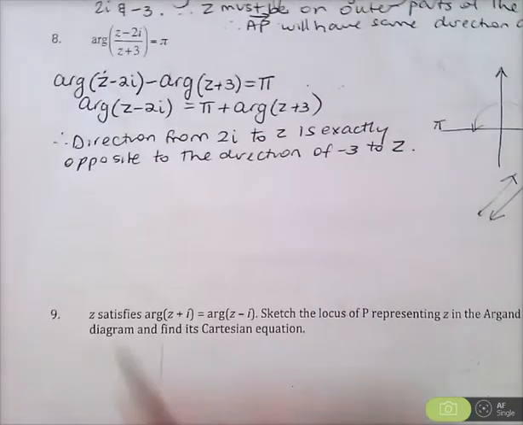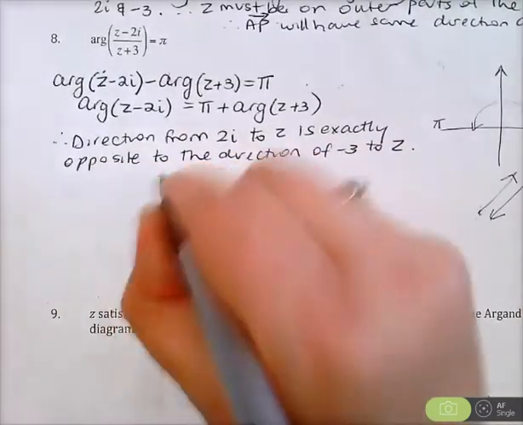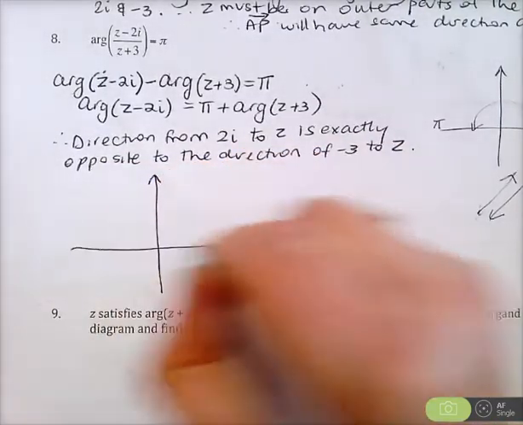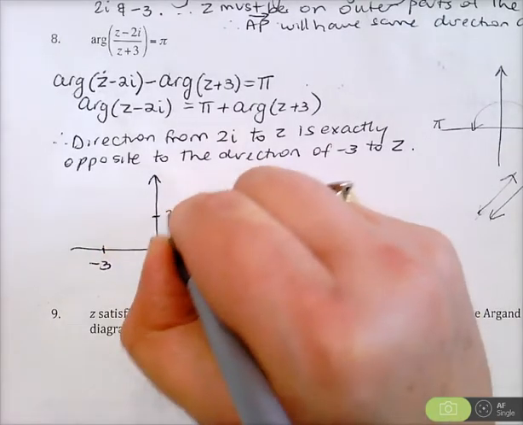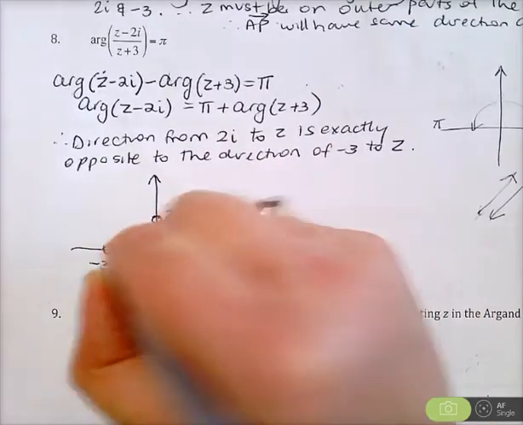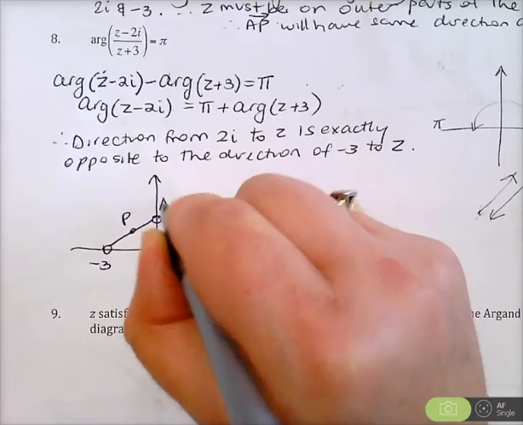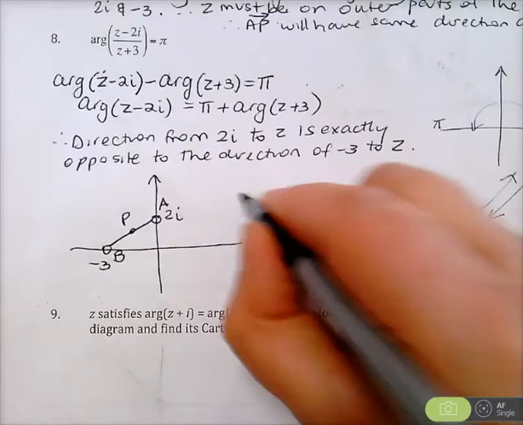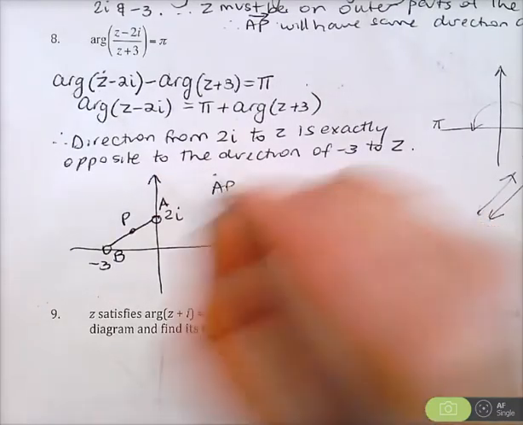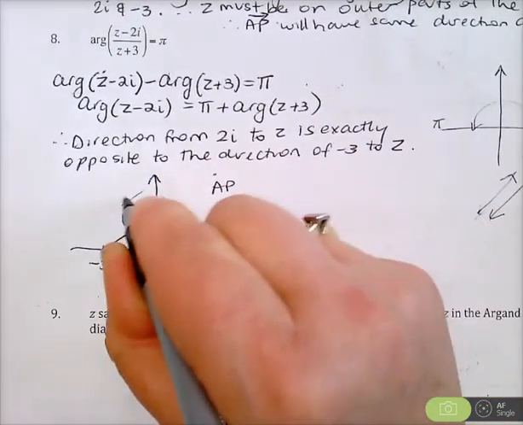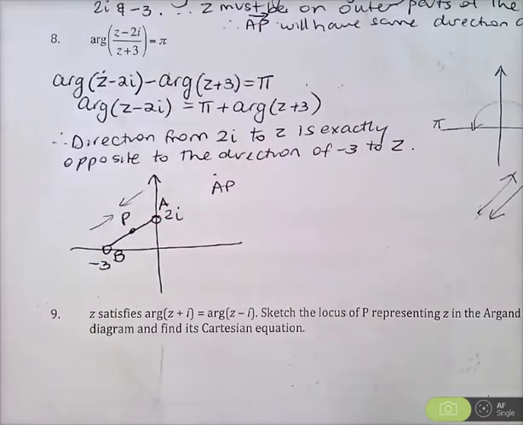Okay? So let's draw it. We've got minus 3 and 2i, circles. So if I call that point A, and this is point B, notice that AP goes that way. Do you know what I mean? And BP goes that way.